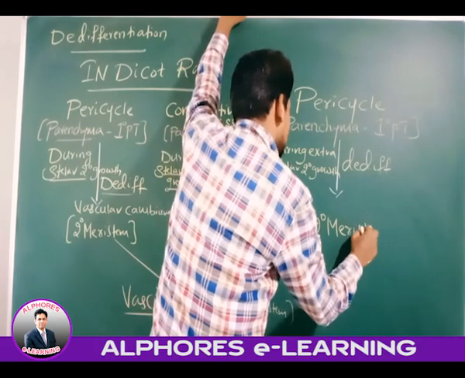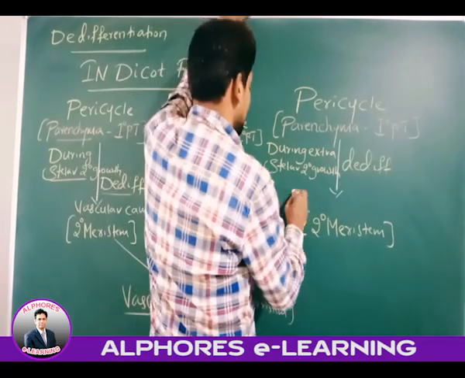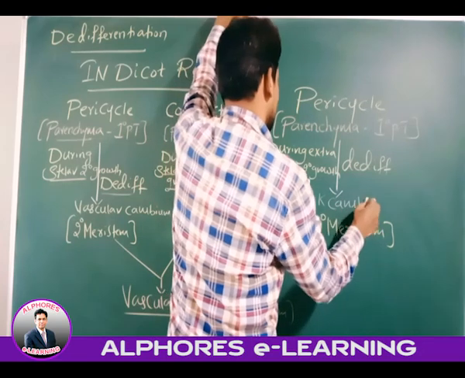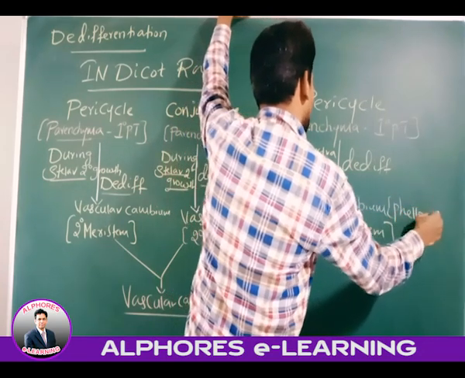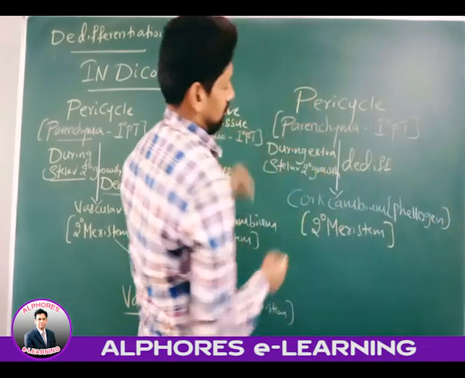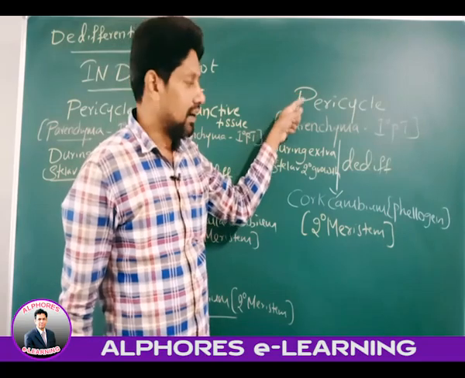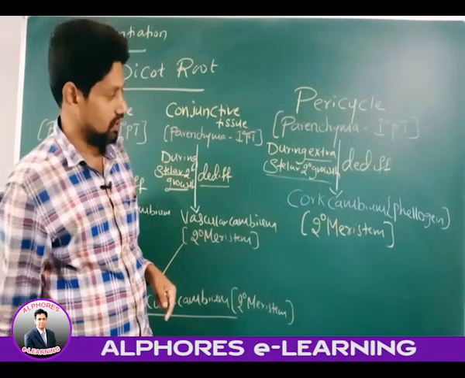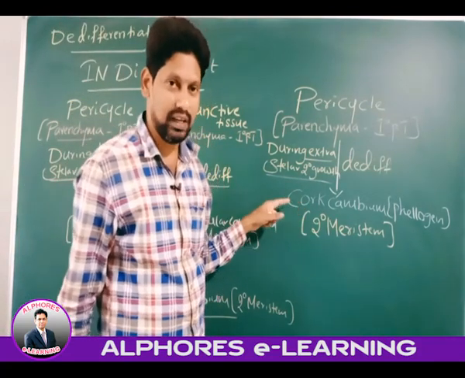Secondary meristem. The name of that secondary meristem is cork cambium. What is another name for cork cambium? Phellogen. See here. Parenchyma of pericycle undergoes dedifferentiation during extrastellar secondary growth and produces a secondary meristem called cork cambium. Is it okay? Right?